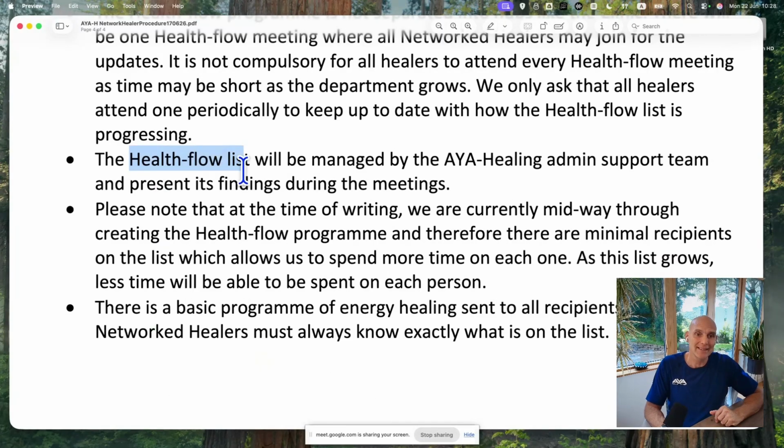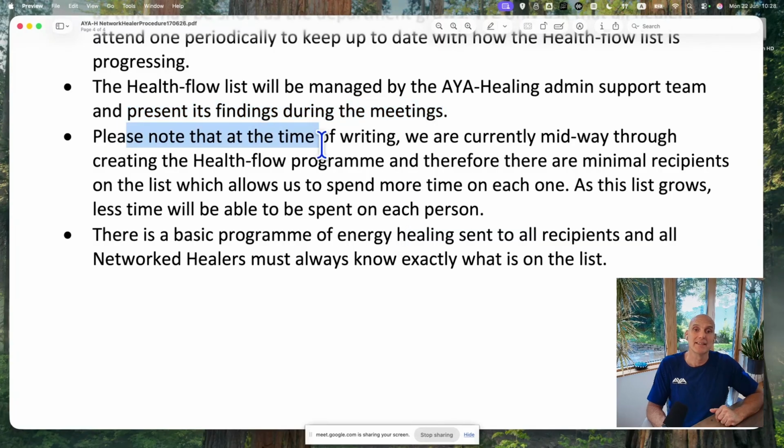The health flow list will be managed by the AYA Healing admin support team. That's at the moment, but that team will grow and present its findings during the meetings. And please note that at the time of writing, we are currently midway through creating the health flow program, and therefore there are minimal recipients on the list, which allows us to spend more time on each one.